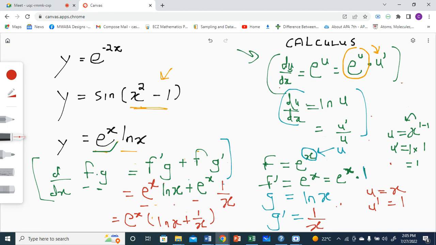We have factorized this expression. We found the common factor in both expressions is e to the power x. That's why we put it outside the brackets. So that is the answer for the third one: e to the power x, open brackets, the natural log of x plus 1 over x.